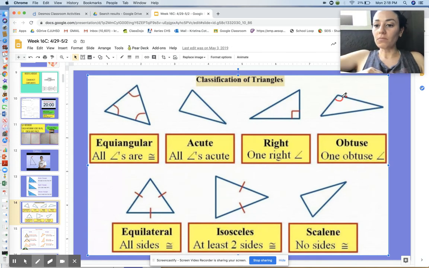There are two other types of triangles that are sort of special. One is called an isosceles triangle, where you have two sides of equal length. In this situation, the angles opposite the equal sides are also equal to one another.